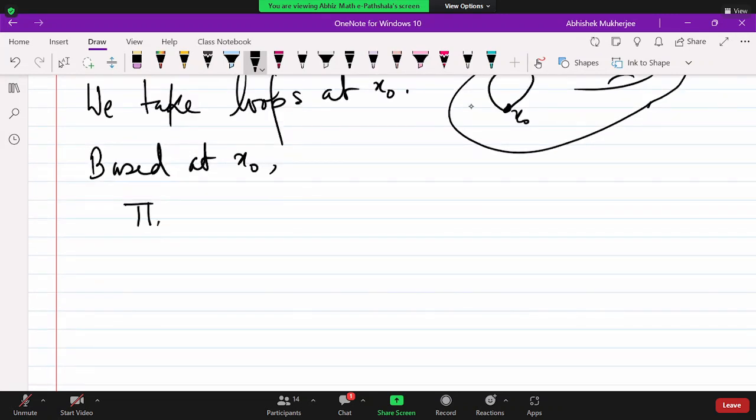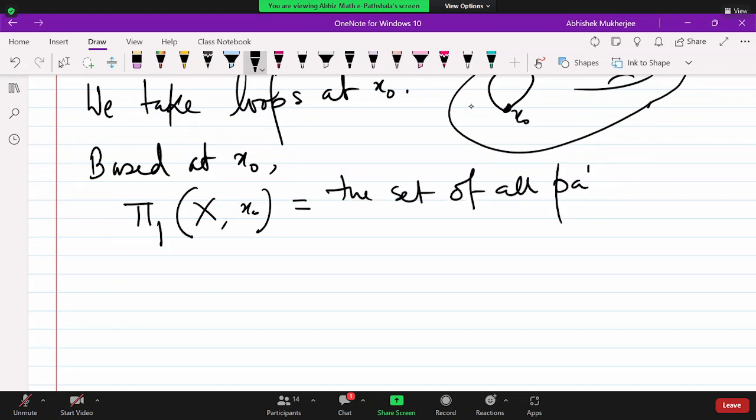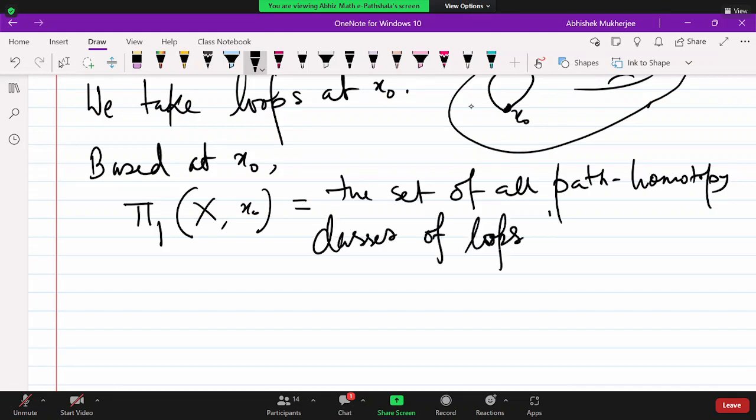Let us denote it by pi1 of x, x naught, and it is the set of all path homotopy classes of loops based at x naught.